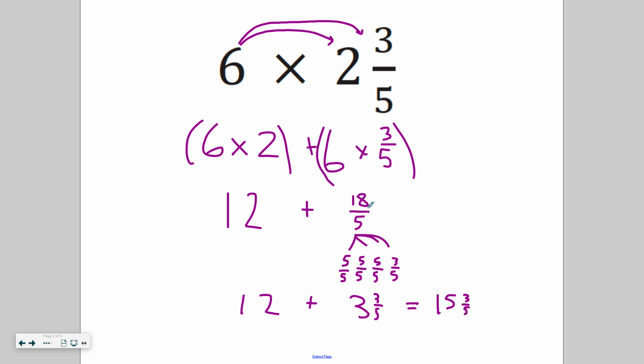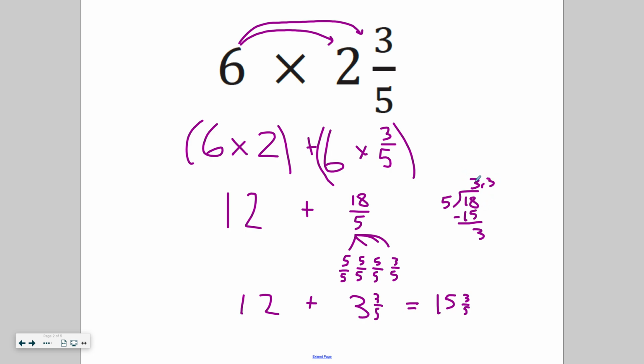I said there were 2 ways to do this. The other way would just be to divide 18 by 5. Well, I do that. 5 goes into 18 3 times, because 5 times 3 is 15. And then I can subtract that 15. 18 minus 15 is 3. There's nothing to bring down, so that's 3 remainder 3. So I get the same thing.